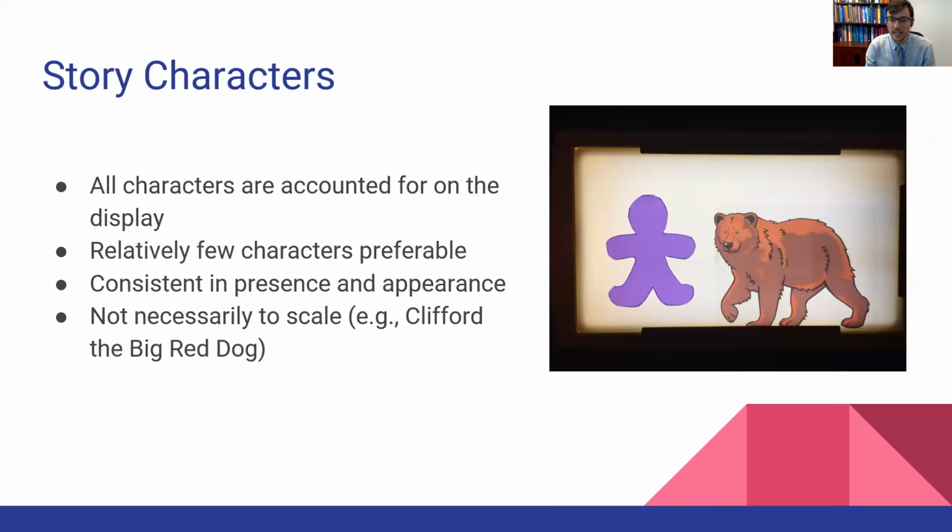All right, story characters. I like to select stories where all the characters are accounted for on the display, so that I'm not referring to characters that are off scene or that we never see. And so in Bear Hunt, of course, everybody's on there. With that said, I do like to select stories where there's relatively few characters, just so that I'm not having to flip in and have a student only see one character once.